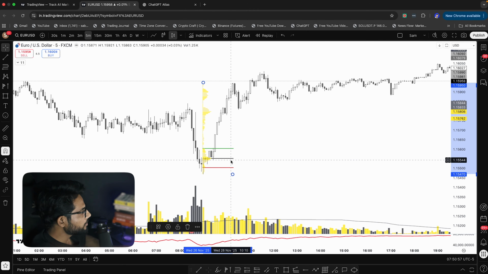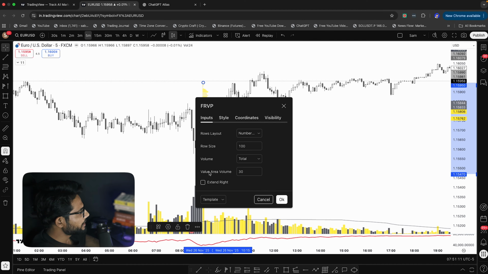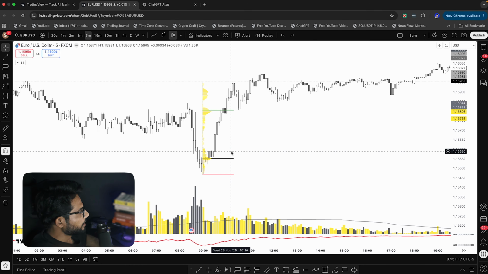It shows that at this price point there was a lot of interest in buying or selling, so the POC is a very important point to look for. Now I have changed my value area setting to 30. Normally it stays at 70.